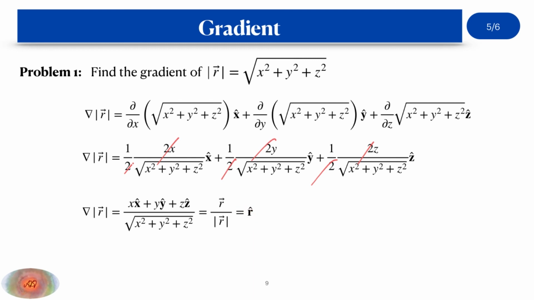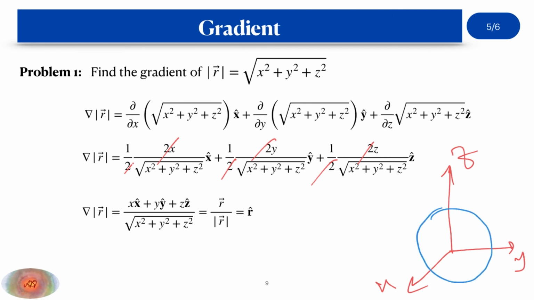Now what is the significance of this expression? Suppose you have this x coordinate, y coordinate and z coordinate, and you have a sphere like this one, and this is the position vector, or the r vector. Here I am considering that the position of each point on the surface of the sphere is the r vector.